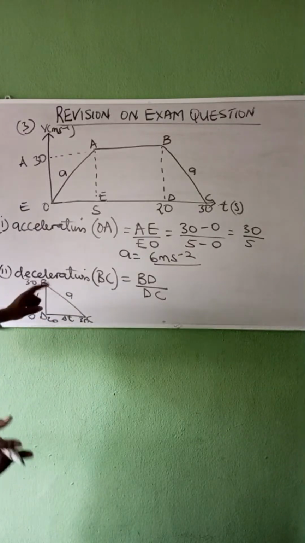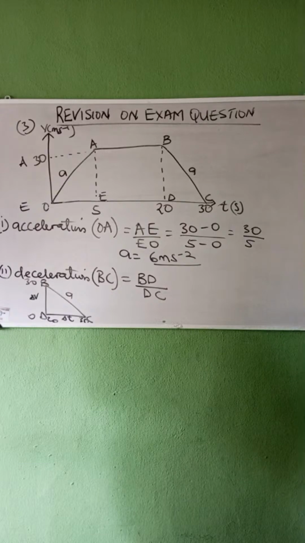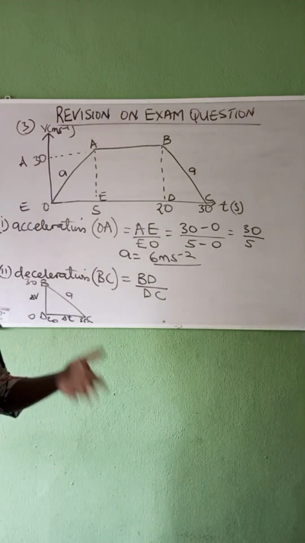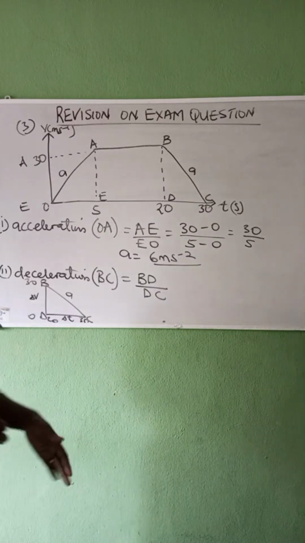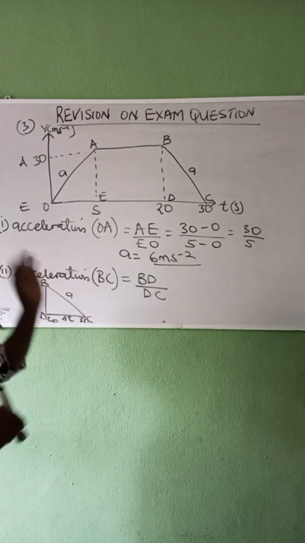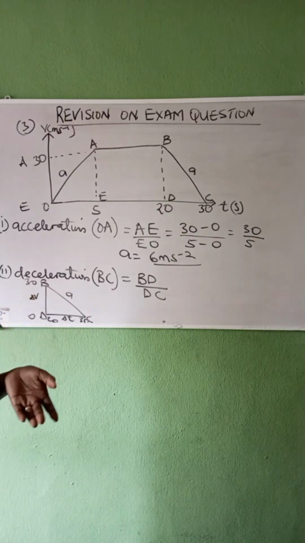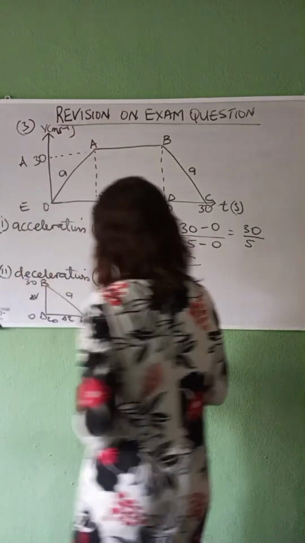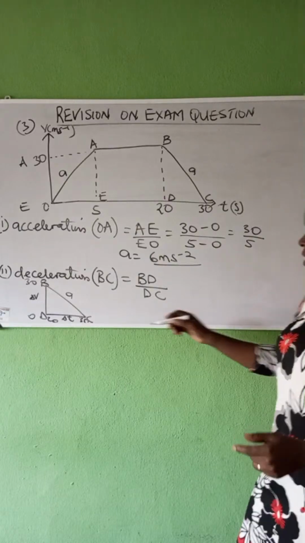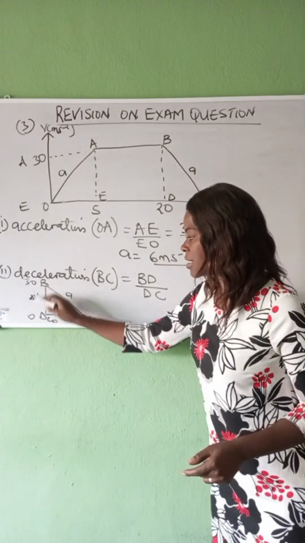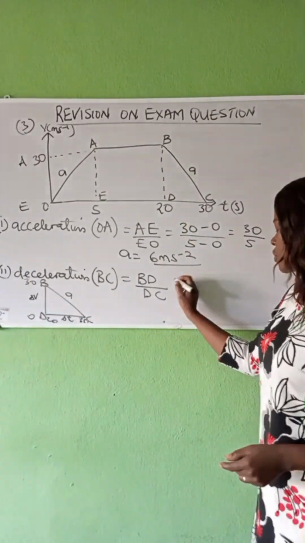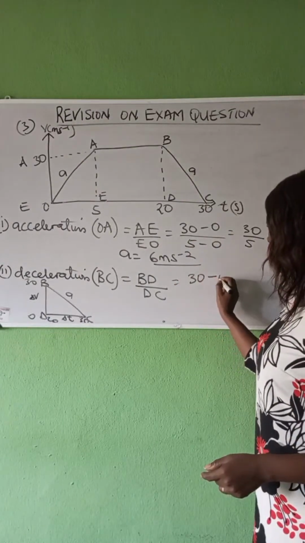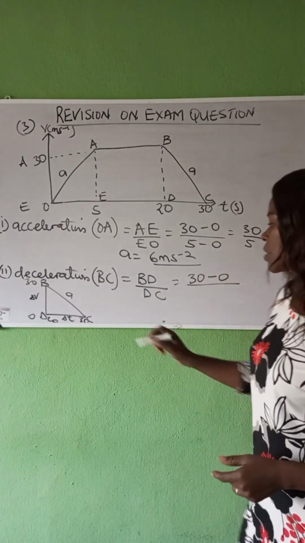Now, for us to substitute into what we have, we are looking for A. Acceleration and deceleration are the same. The only difference is deceleration is a negative of acceleration. It's going to have a negative sign, okay? And the negative sign is coming from the horizontal component side, which is the time axis. Going by what we have, my BD here is 30 minus 0, divided by my DC.